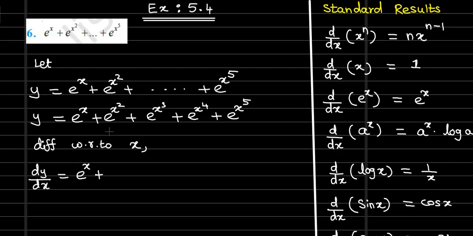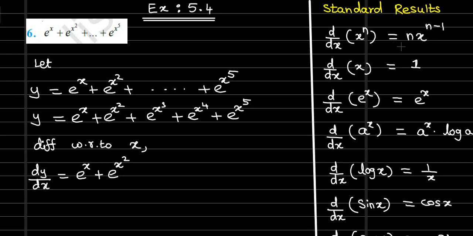Now moving on to the second one, that is e power x square. Is e power x square a standard form? Obviously not. Only e power x is a standard form. So we need to apply the chain rule here. If the differentiation of e power x is e power x, then the differentiation of e power x square is e power x square only. Now the power we need to differentiate with the help of the x power n formula.